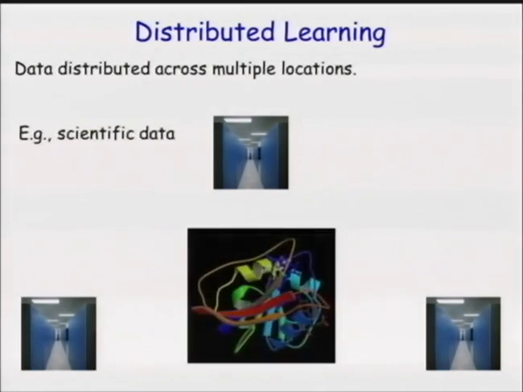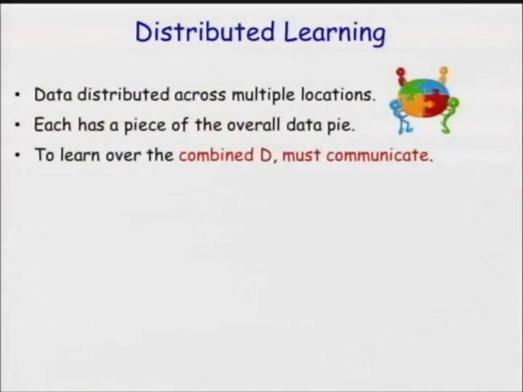Or as a different example, we might have various research groups that have collected huge amounts of data, say genomic sequence data, and our goal is to do learning over the union of all these data sets, again without too much communication. In such settings, the data is inherently distributed across multiple locations, and each holder has only a piece of the overall data pie.